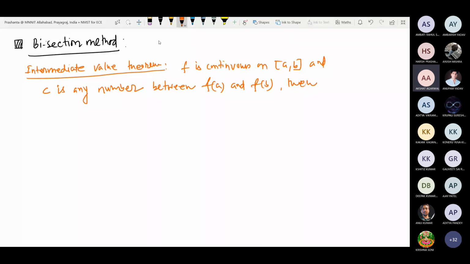Then there exists eta belonging to the open interval a comma b such that f of eta equals c. Does it make sense?